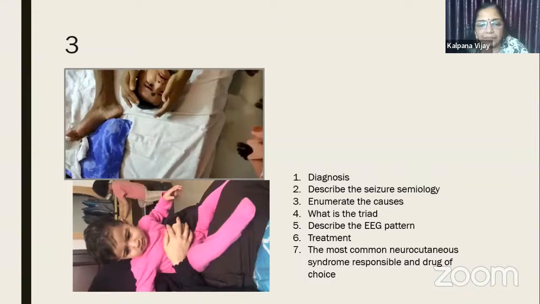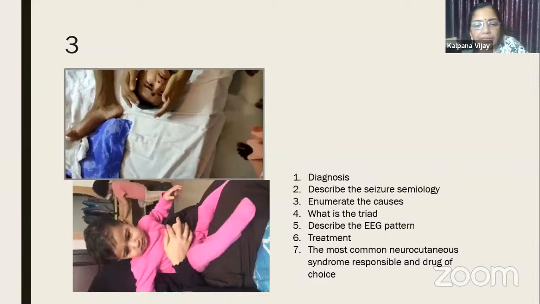What is the EEG pattern in hypsarrhythmia? The background will be very high amplitude. It's a chaotic background. The two sides will not be similar, and there will be high amplitude multifocal epileptiform discharges. Sometimes there may be a burst suppression also.